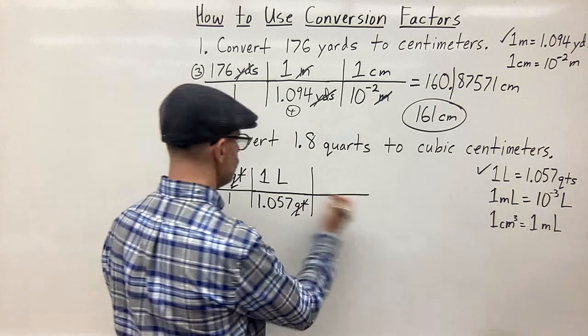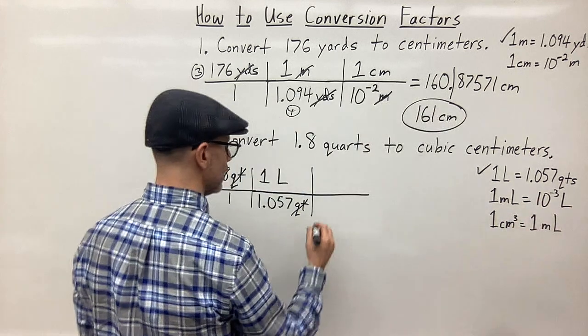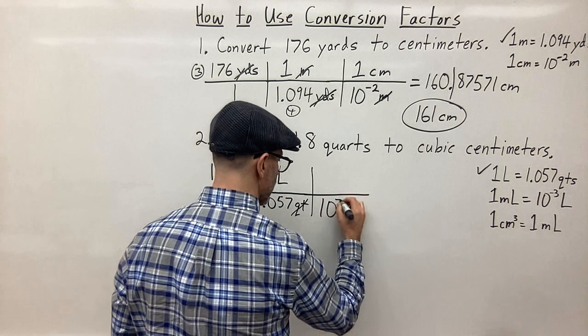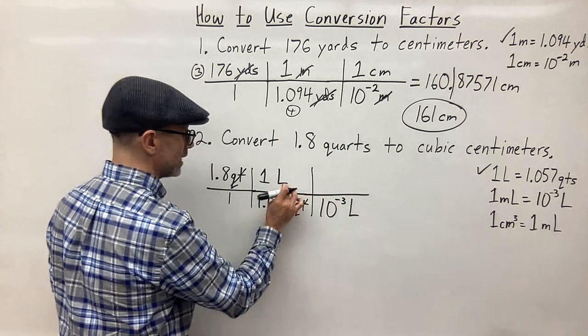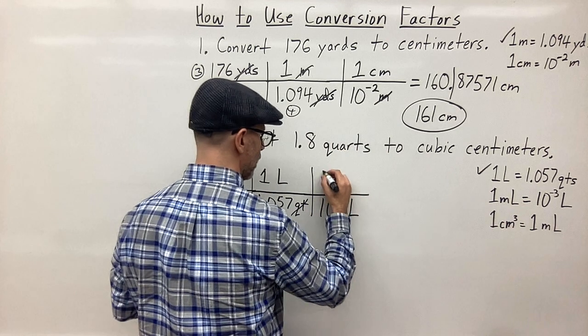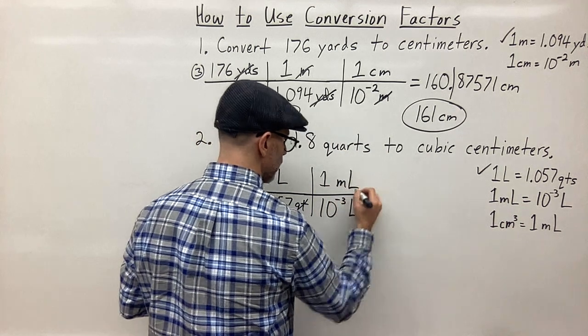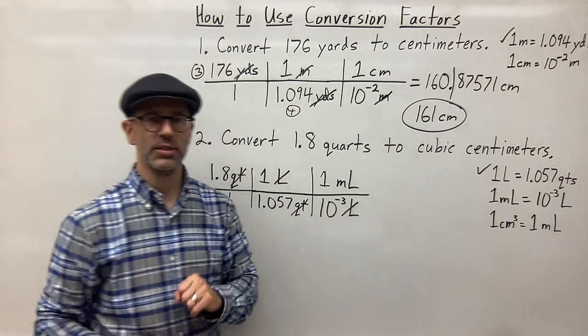I have liters on top, so I'm going to put 10 to the negative 3 liters on the bottom. That's going to cancel out liters and liters. So 1 milliliter goes on the top. And now I have milliliters on the top.